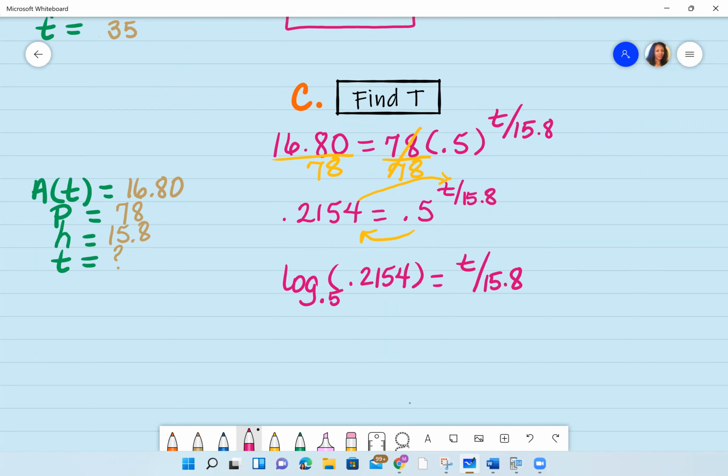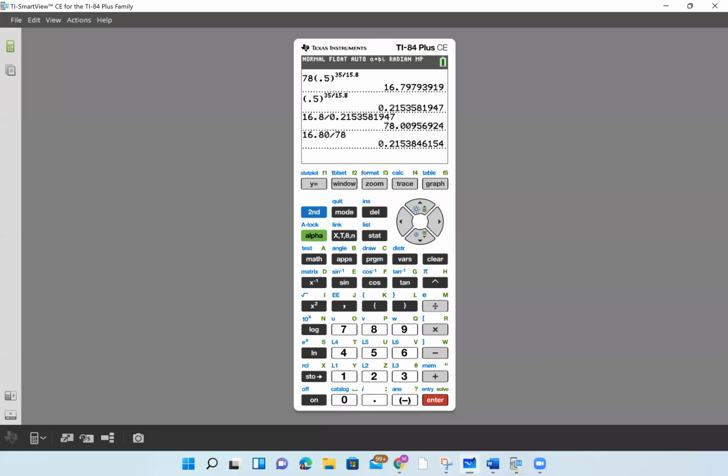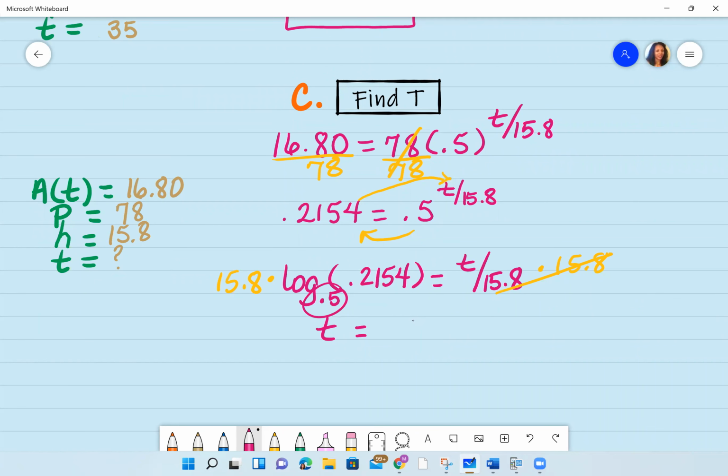So the inverse of division is to multiply. I need to get T by itself, so I'm going to have to multiply both sides by 15.8. So that gets rid of it on that side. And I have to do the exact same thing over here, 15.8 times log. So if I go to my calculator, I'm going to type in 15.8. And then what I notice is my log has a base.